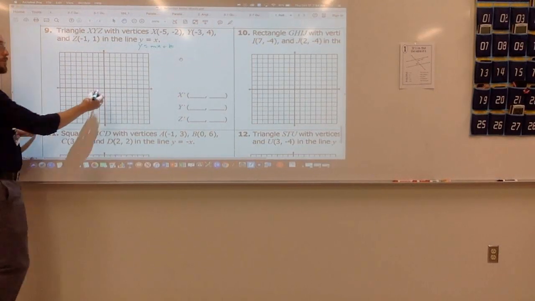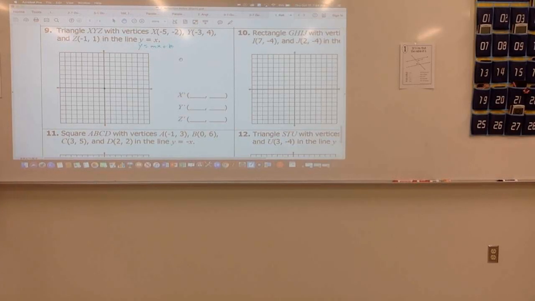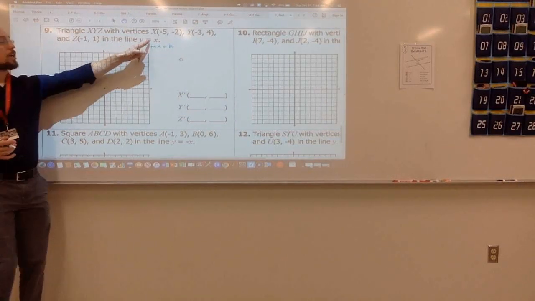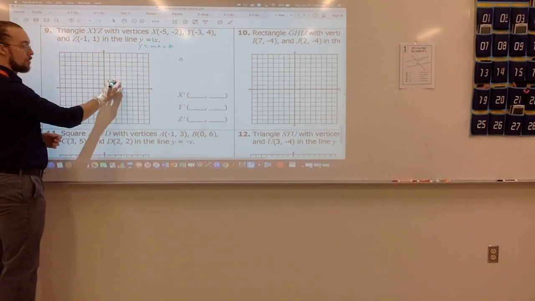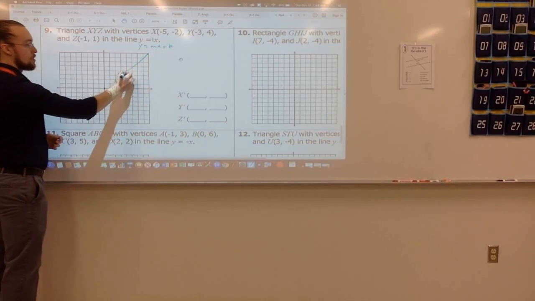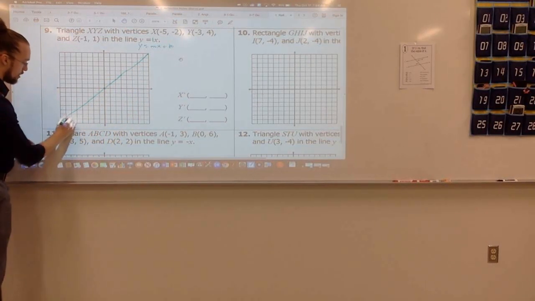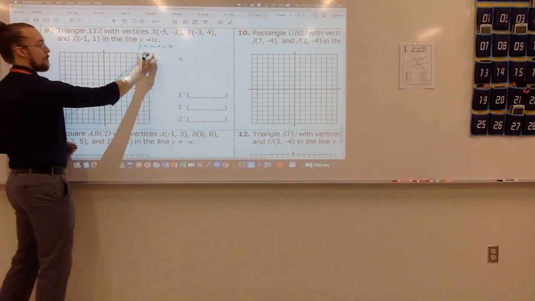That means my y-intercept is 0. Then what's my slope? 1. If we have 1 over 1, we end up with this line right here. This is my line y equals x.